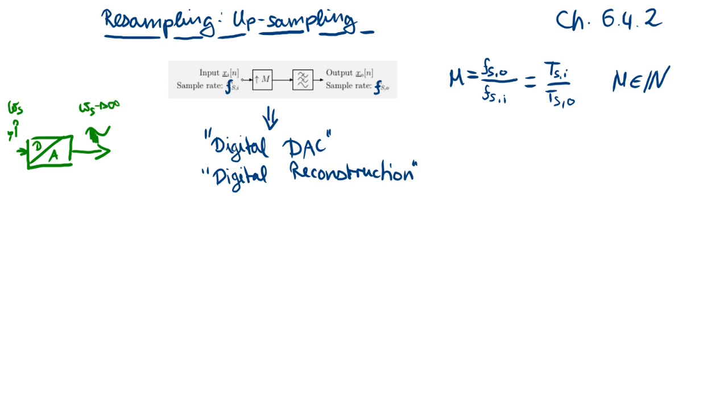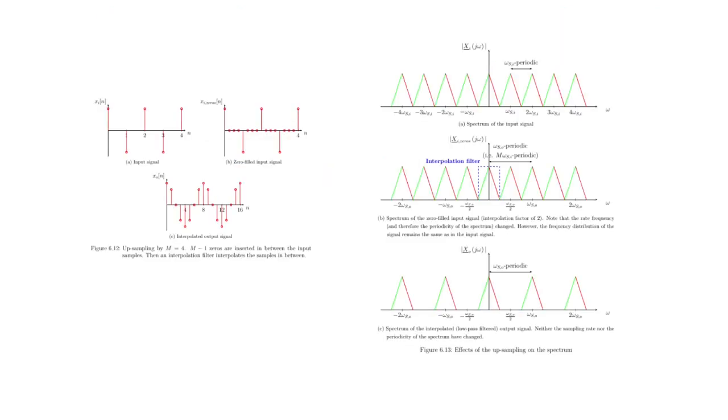And so this is why we can make the analogy to analog systems. But here we are completely in the digital domain. So our resampling increases the sampling rate. And now we have a look at how this works.